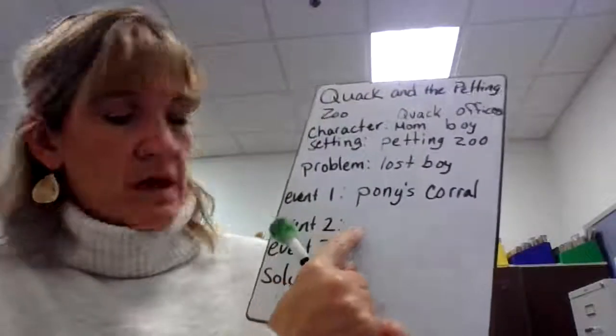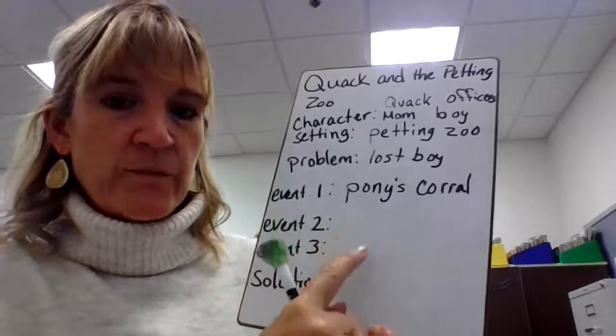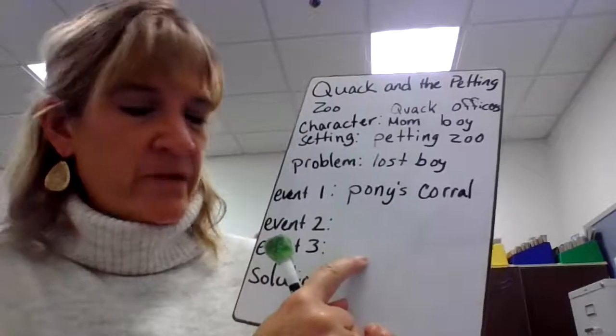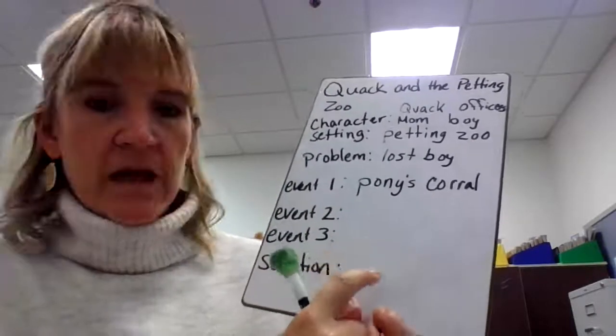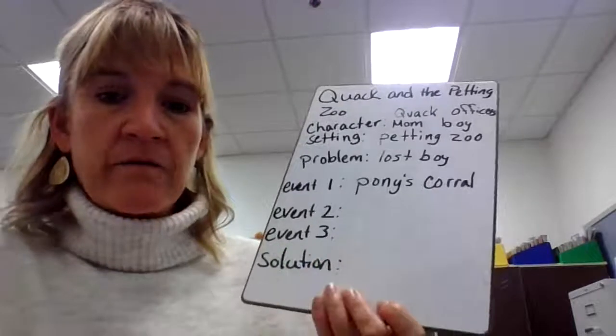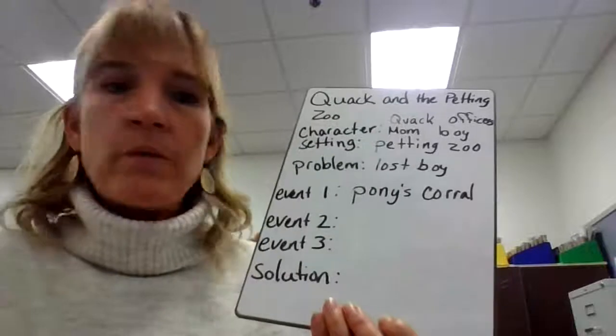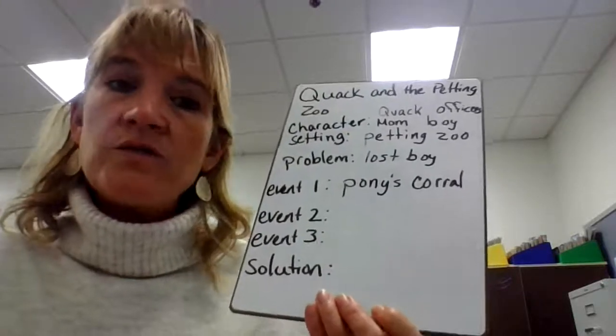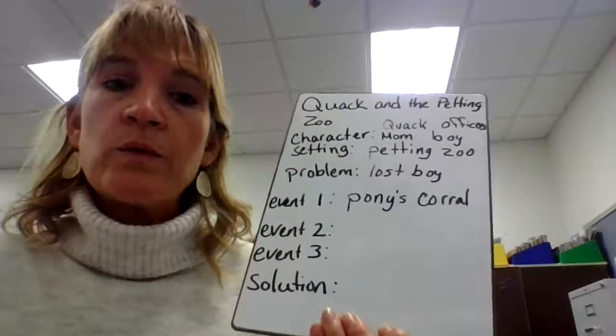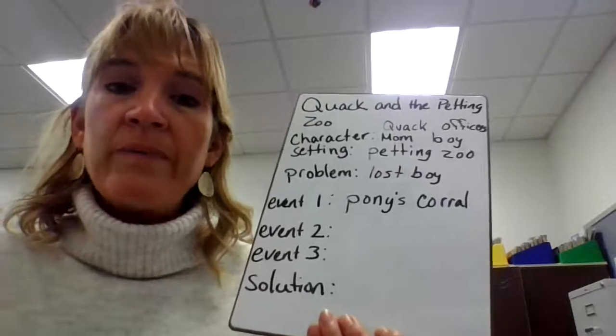Okay. I'm going to let you continue on and write a couple words that happened for event 2, a couple of words that happened for event 3, and a couple of words for the solution of the story. Okay? We're not writing complete sentences. We're just writing key words to help us remember what happened in the story.